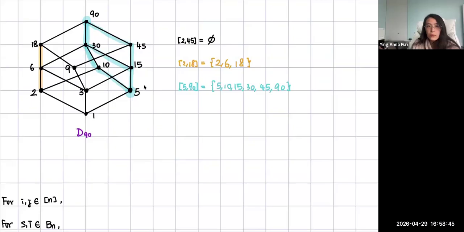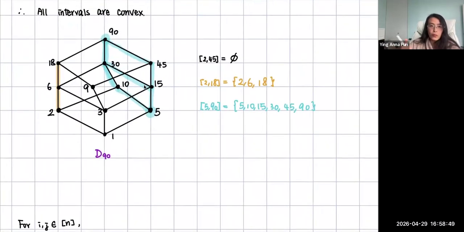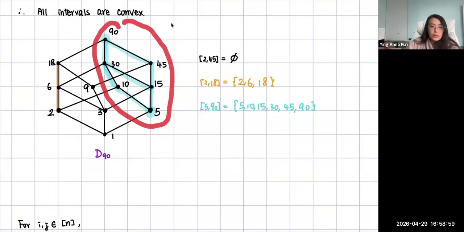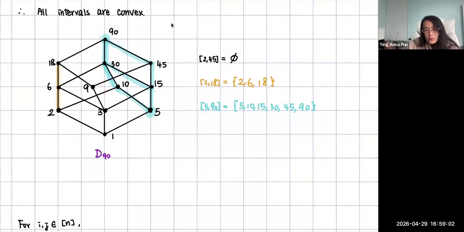Okay, so that's an interval. An interval does not mean that you only have one line in your Hasse diagram. It's everything that is in between the two things that you can compare. And you can see that they form a subposet itself, and it is convex, so you would not miss any element.